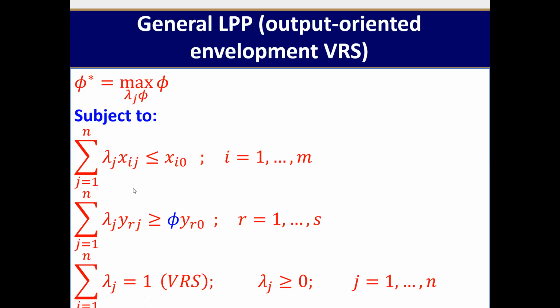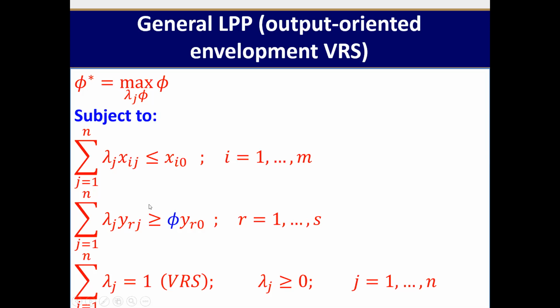Now, when it goes to the output, it's not less than or equal to, it's rather greater than or equal to, which means that if the imaginary firm's weighted output is greater than your output, remember, you want output to be more, but somebody's weighted output is more than yours, then it means you are inefficient.